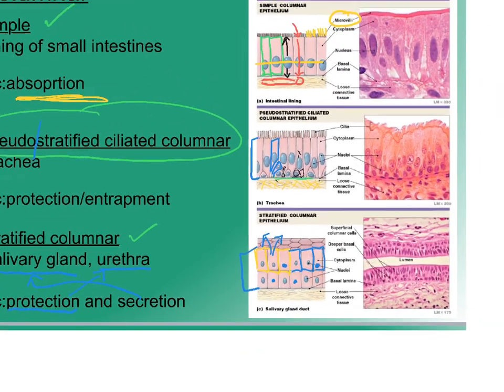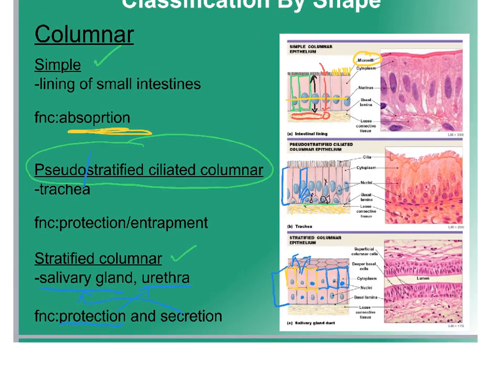Whereas if we look at a truly stratified epithelium, let me erase some of this, these cells right here, the top cells on the apical surface, they're not maintaining a connection to that basal lamina down here. These cells on top, they're connected immediately to the cell beneath them. So they don't maintain that connection to that basal lamina. So that would be truly stratified.